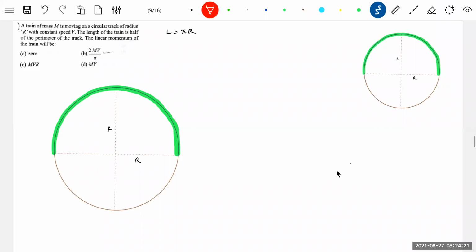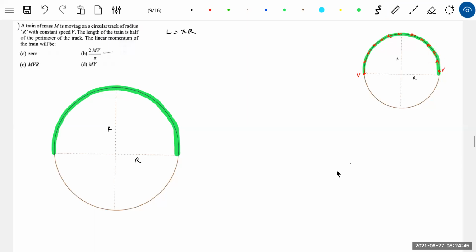So every point here will have speed v. How are the speeds directed? These are the speeds of the train, directed like this. So different points will have different velocities here.